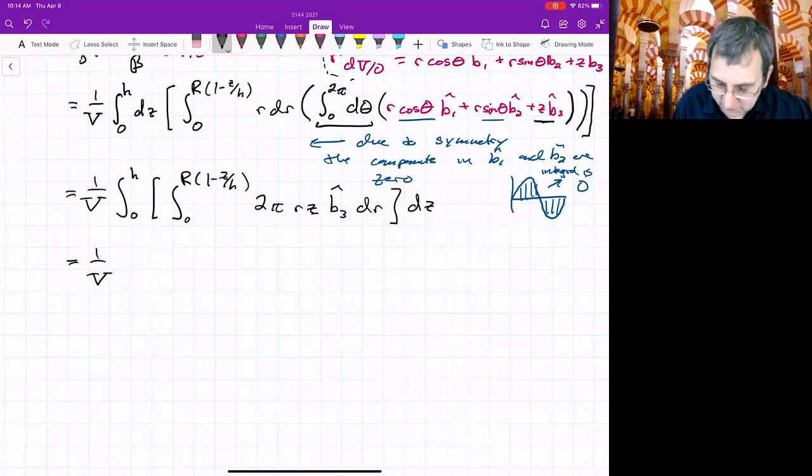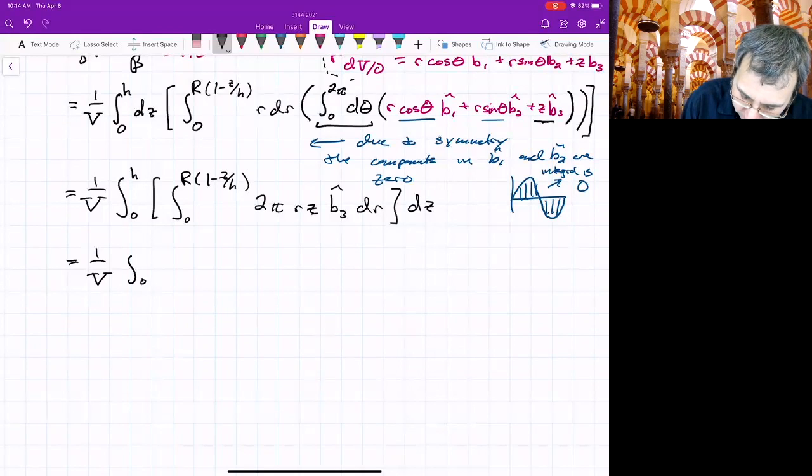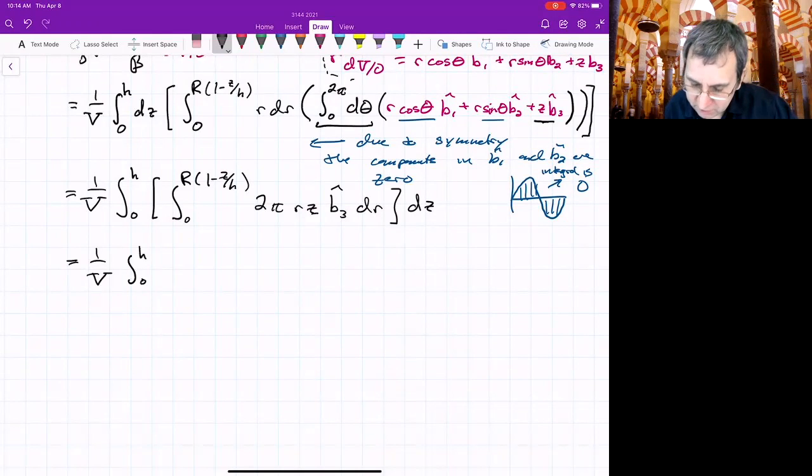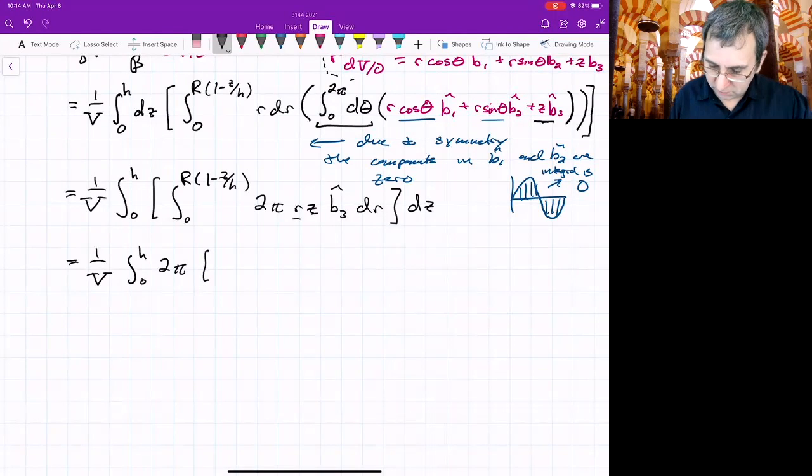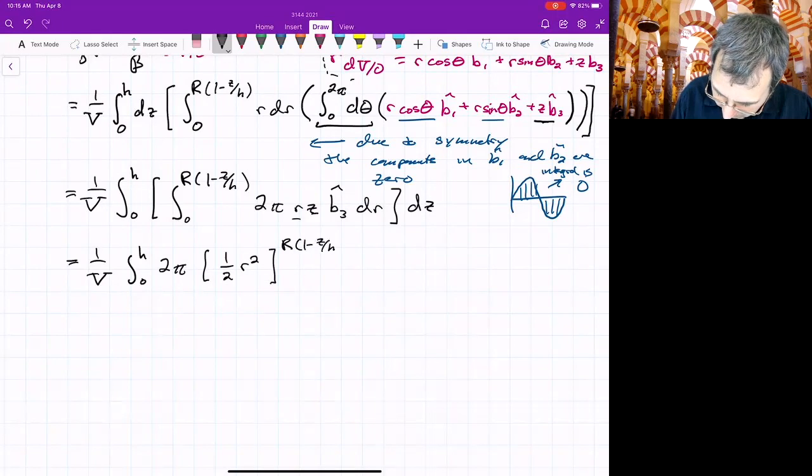Okay, we'll do that interior integral first, the one in the square brackets. And that's just an integral over r. So that's not too bad. And I've got r here. So I'll bring out the 2 pi. And then in the brackets, this is going to be 1/2 r squared, evaluated from that to 0. And then there'll be z dz.